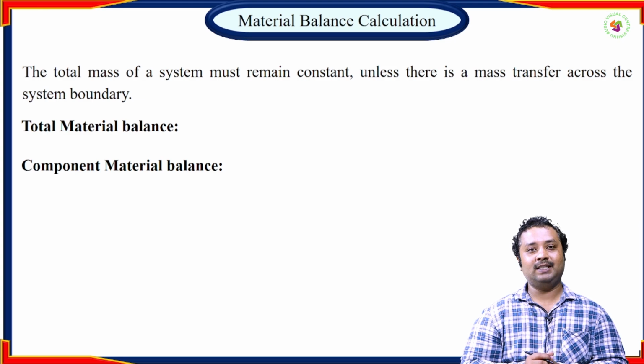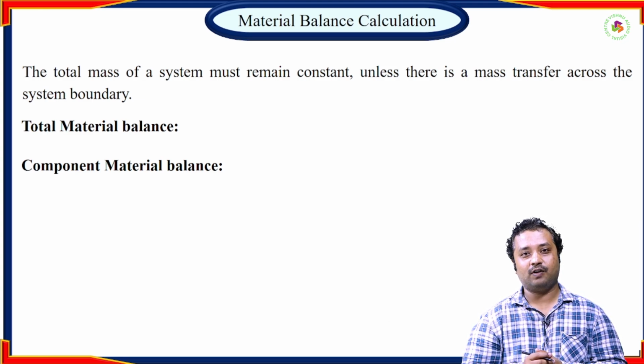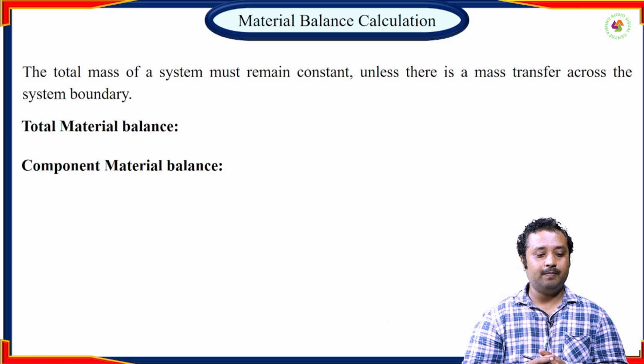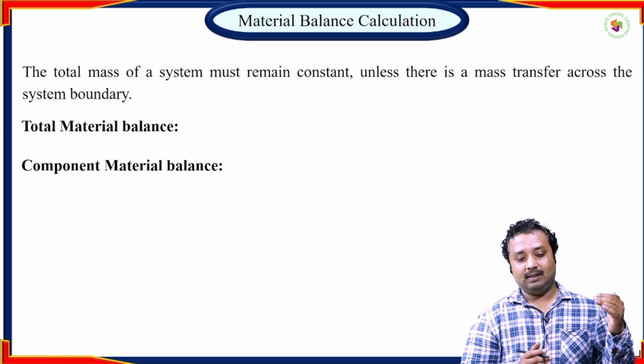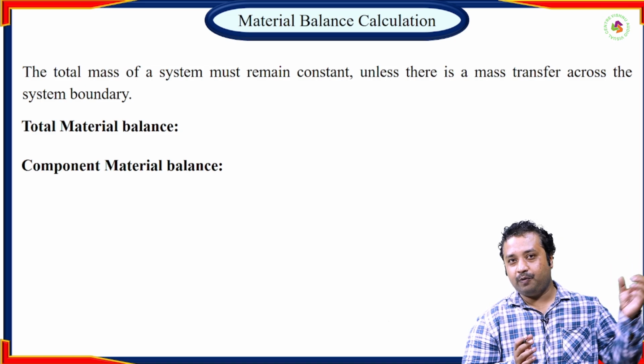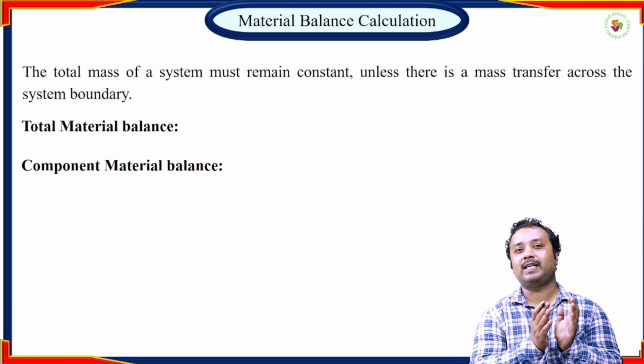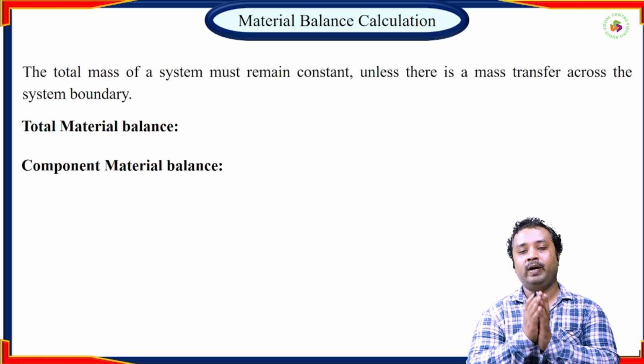So let's come to what is material balance. As I discussed, it is based on the law of conservation of mass. It is nothing but the total mass in the system must remain constant. Whatever input we are giving, suppose 100 kg, what is happening to the 100 kg? Where is it going?